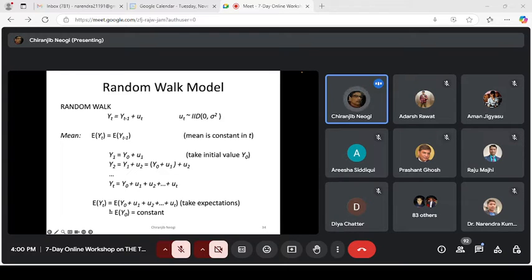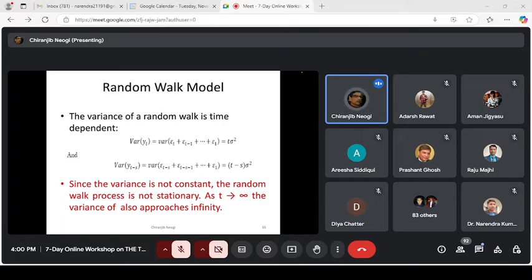So the expected value of yt is a constant. In the random walk model, the expected value of yt is constant, but the variance is not constant. The variance is time dependent. As time increases, the variance will also increase. So this is a non-stationary model.